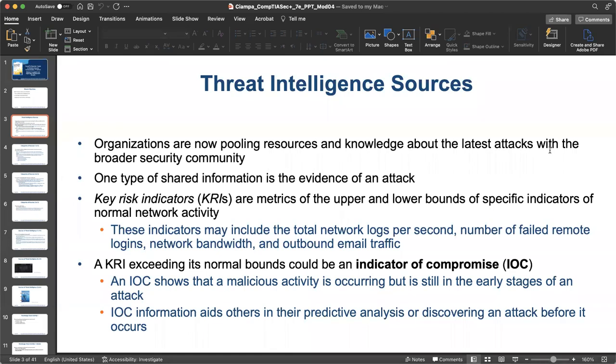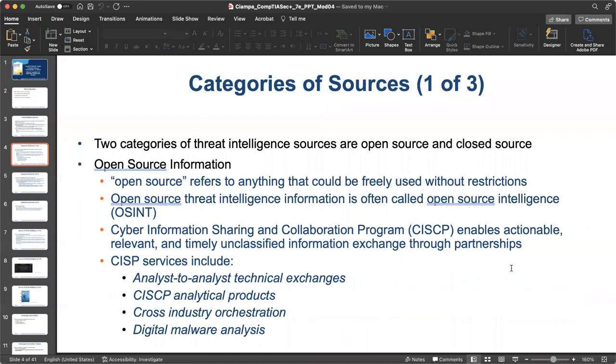This type of aid is called predictive analysis. Basically, other companies, based on the aid received from us, can predictively analyze and see if that attack is going to happen on their network as well or not, and create a defense against such attacks.